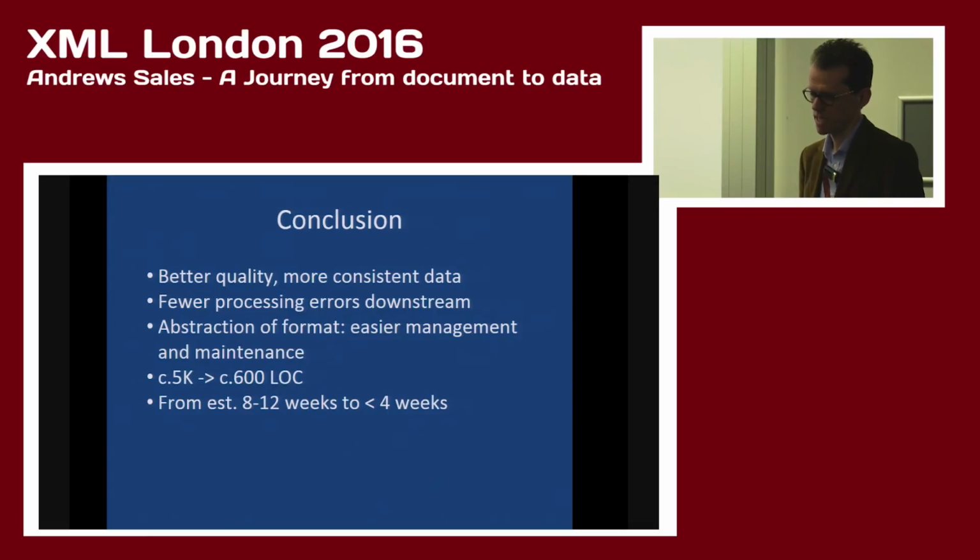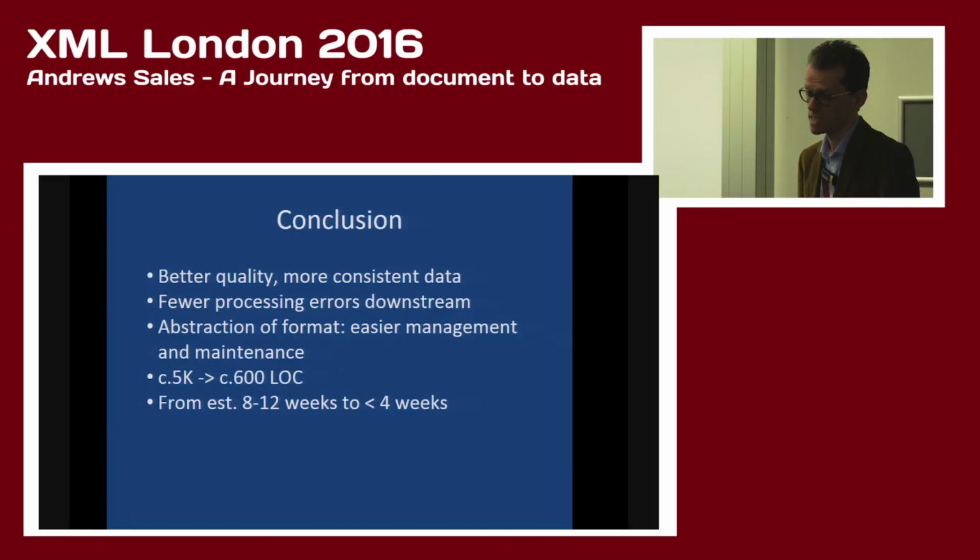And as a rough guess, I totted up how much XSLT had been written to do the initial migration, and that came to about 5,000 lines. Doing it this way, it came to about 600, which still produced about 5,000 lines of XSLT, but you didn't have to write them by hand.